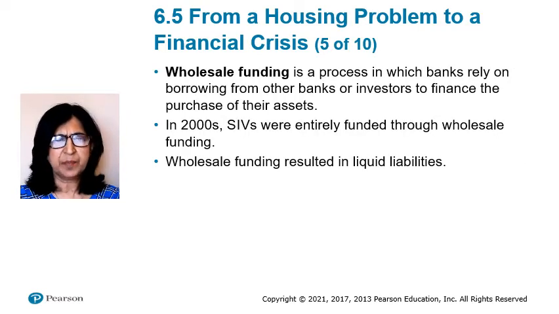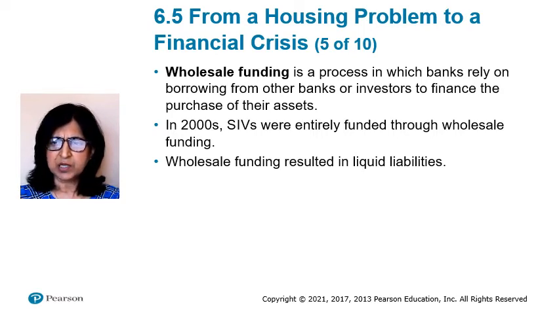Wholesale funding. Yet another development of the 1990s and 2000s was the emergence of sources of finance other than checkable deposits for banks. Wholesale funding again would seem like a good idea, giving banks more flexibility in the amounts of funds they could use to make loans or buy assets.